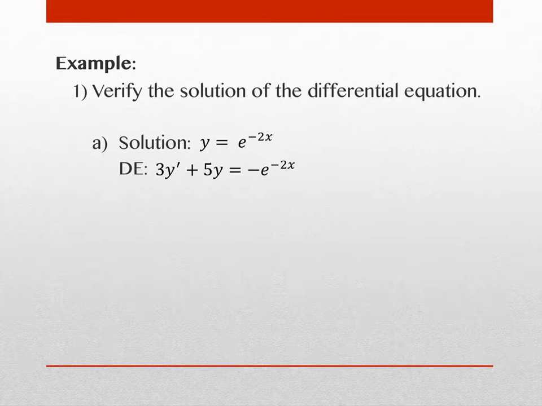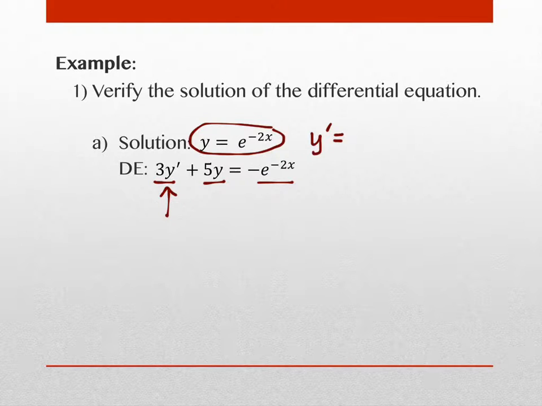Verifying that this is a solution means finding if it works in the differential equation. So you'll notice in the differential equation, by definition, this actually satisfies what we said it was. It's an equation involving y, x, and y prime. Now we've got the equation y equals here, but in order to plug this in we need to know what y prime is, so we need to take the derivative of this equation.